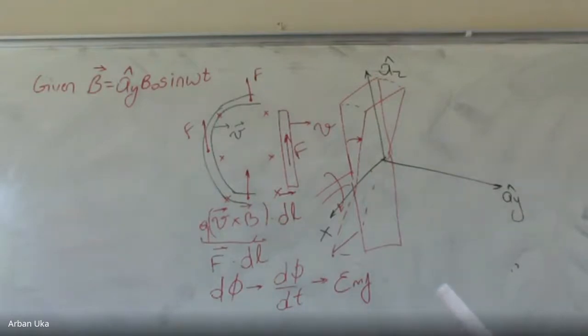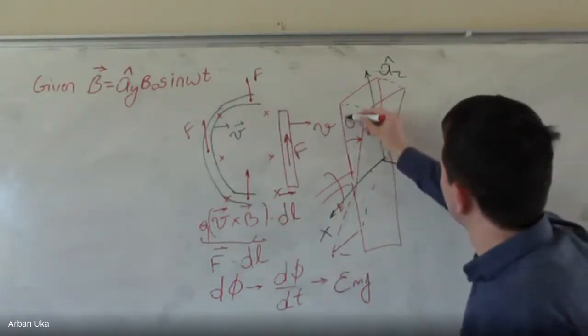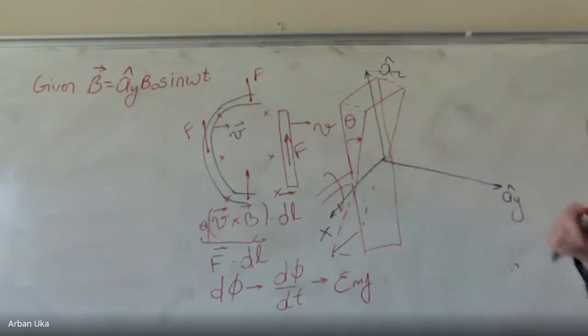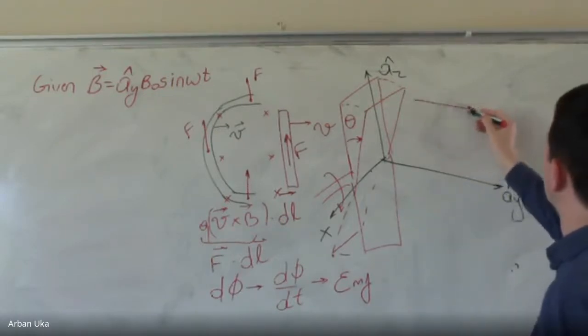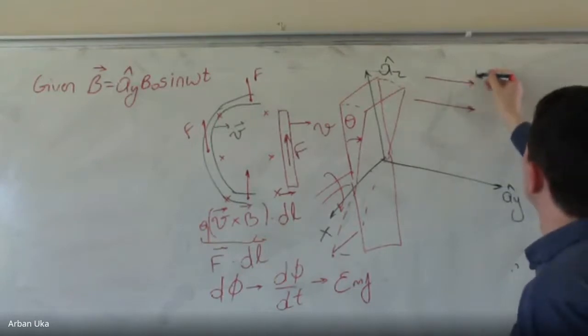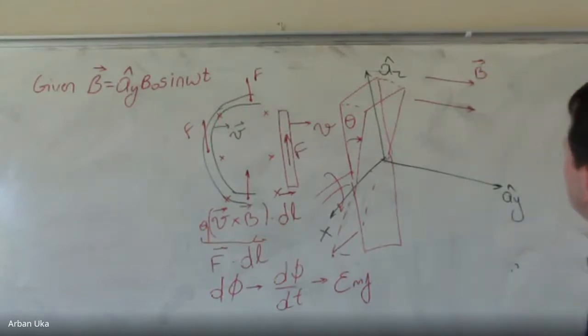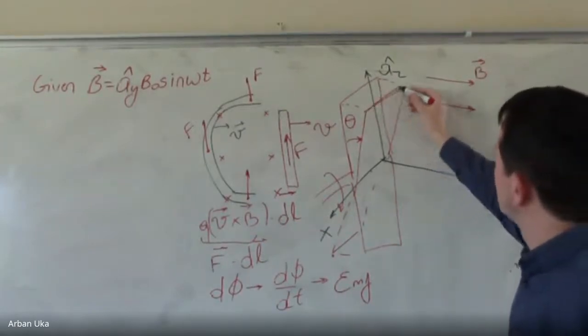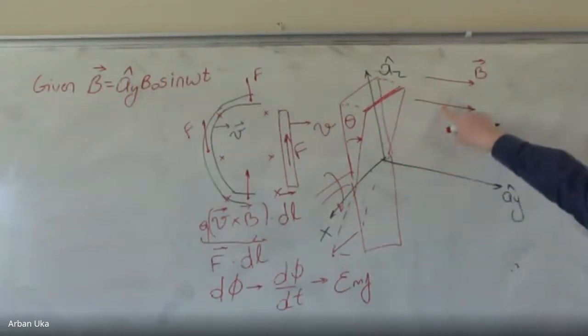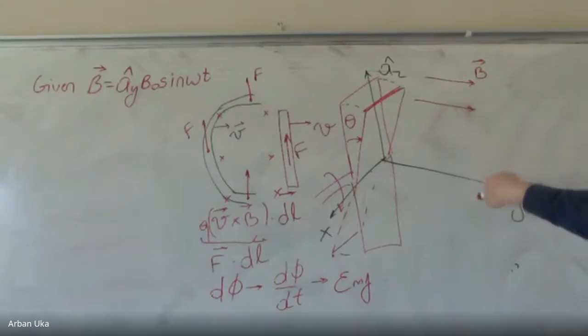So here we can assume that we have an angle, let me denote this one as angle theta. And let's see what is the direction of the magnetic field. Apparently we denoted this one along a_y. So this is the B. And if this is the B, this length, as this is going to be rotated, it will cut these magnetic field lines.